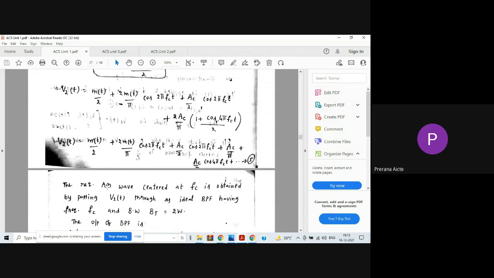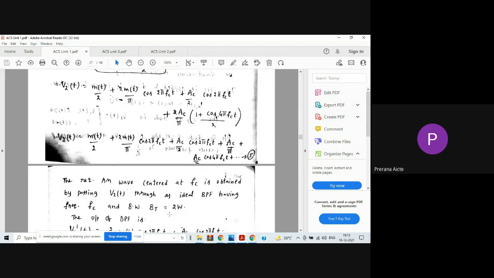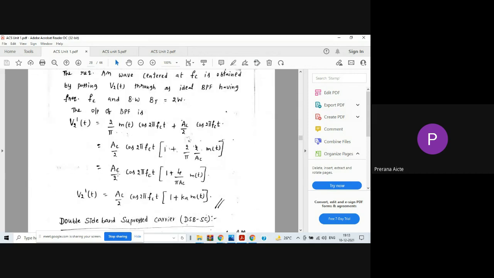The required AM wave centered at fc is obtained by passing V2 of t through a filter having frequency fc. So what is the total output? Simply 2 by pi m of t into cos 2 pi fct plus AC by 2 into cos 2 pi fct. Okay, so I am writing this as 2 by pi into, taking AC by 2 cos 2 pi fct common.